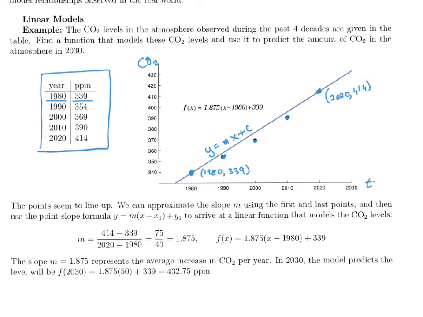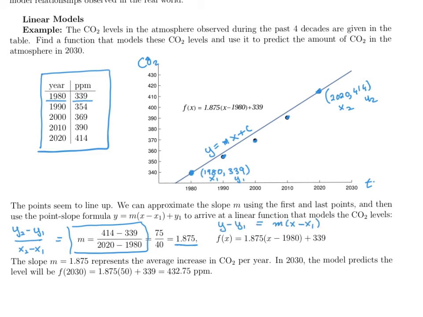So the slope is the difference in the y values over the difference in the x values. And that turns out to be 75 over 40, which is 1.875.